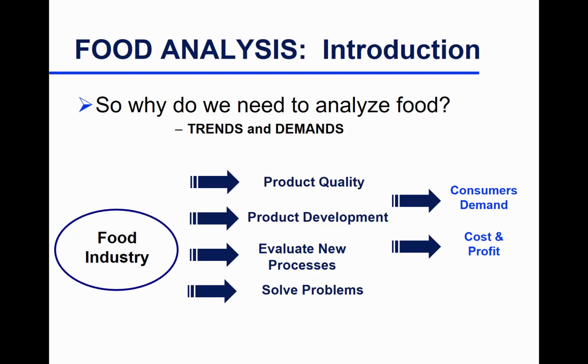Solve problems. I'll give you an example about solving problems as well, like customer complaints. I'll give you an example where the customer suspects something in a product or an ingredient, and then the industry needs to analyze the food to try to figure out the problem. We call that oftentimes food forensics, and there is a whole new chapter in this 5th edition. The last chapter in the book is about food forensics.